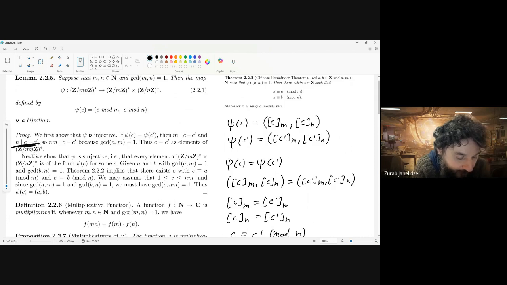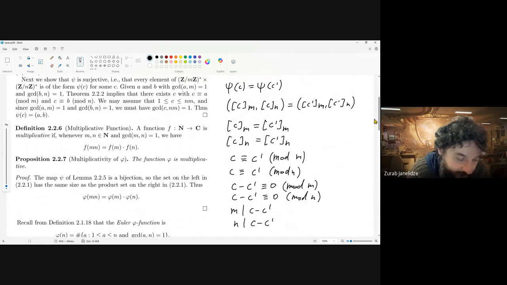Okay. The next conclusion that the author draws from these divisibility relations is that the product of n and m also divides c minus c prime. Let's try to explore why that would be the case. And let me clean up the space here.